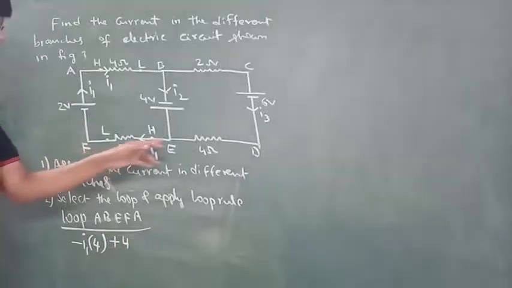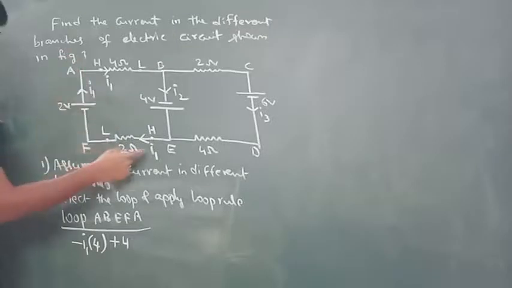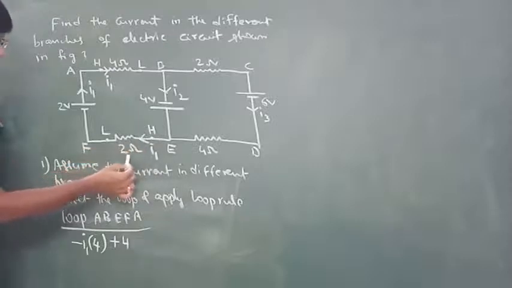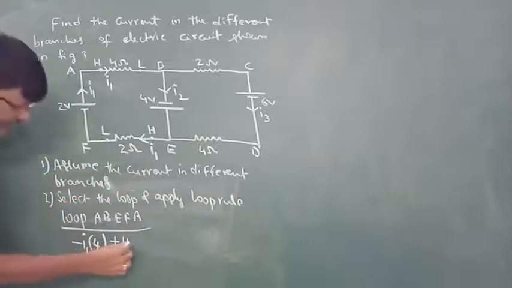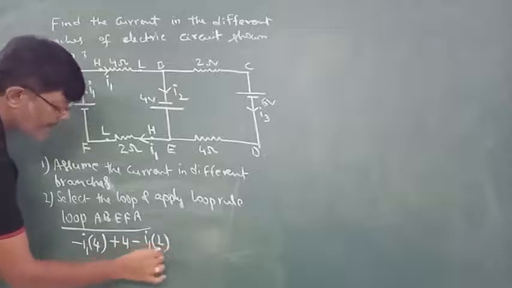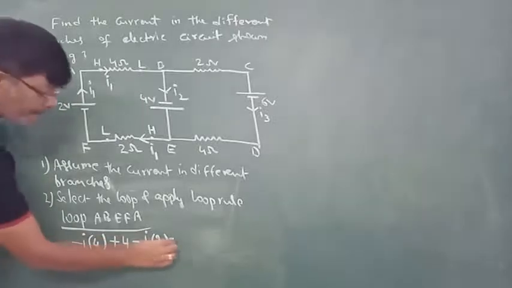Next, he goes from E to F in this loop ABEFA, and he finds potential drop across this 2 ohm resistor. So minus I1 into 2, and then finally he moves from F to A and he finds potential rise because he moves from lower potential to higher potential.